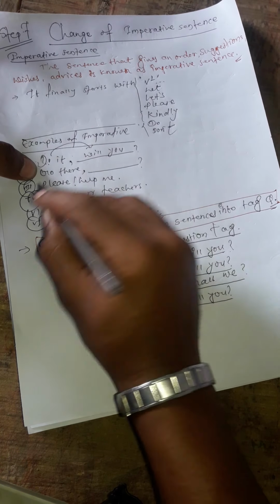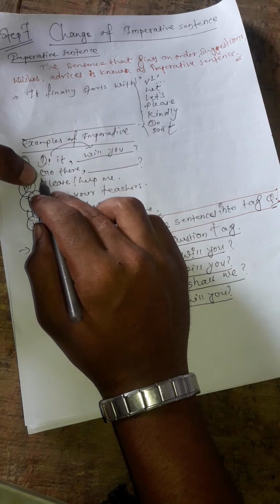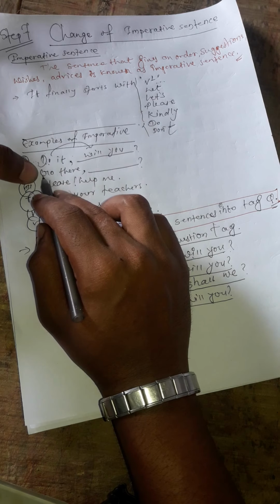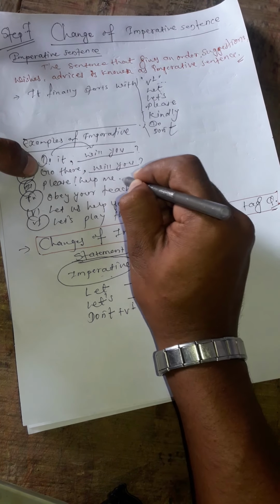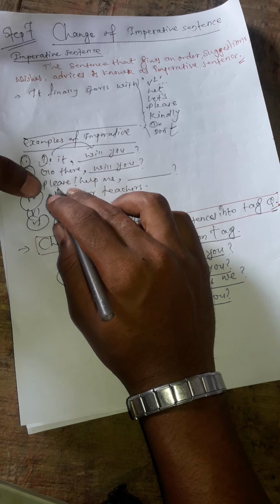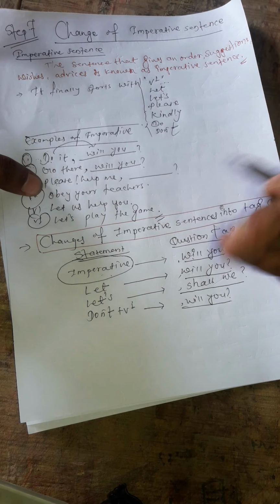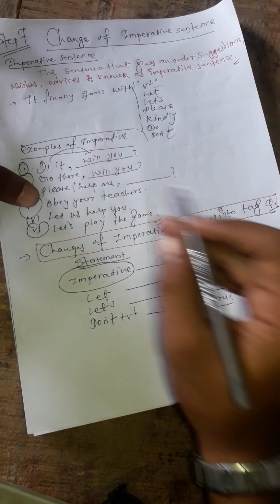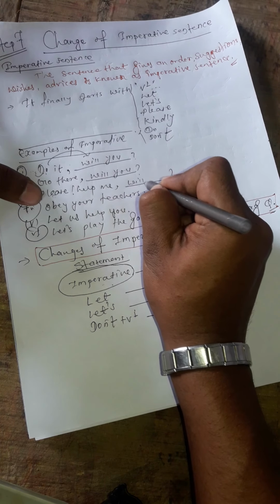Go there. There is no subject. The sentence is started by verb 1, go. Then you have to write will you. Please help me. So I have to write will you.